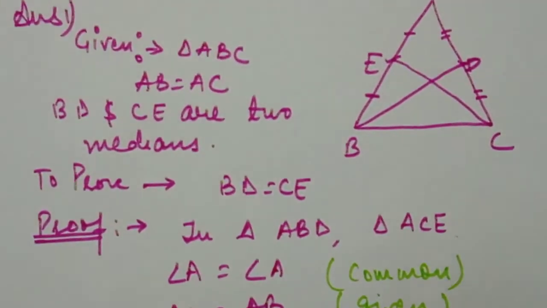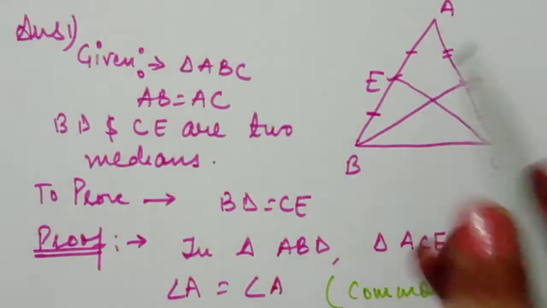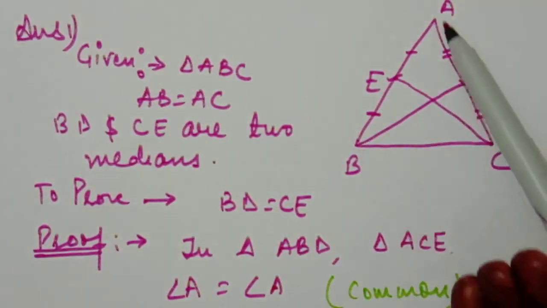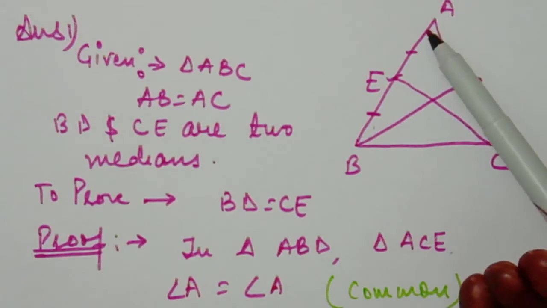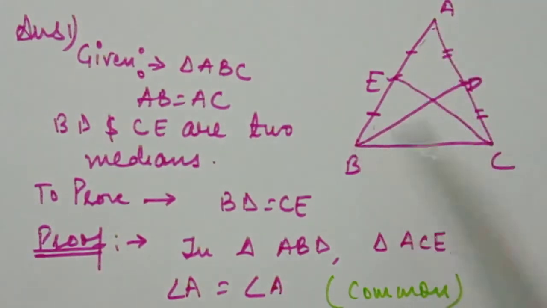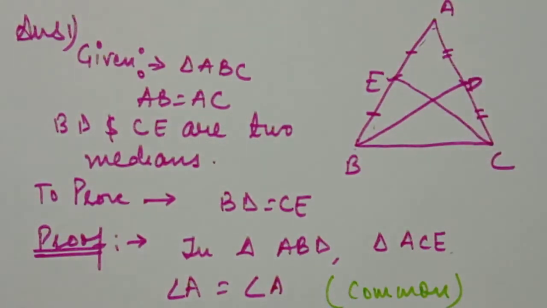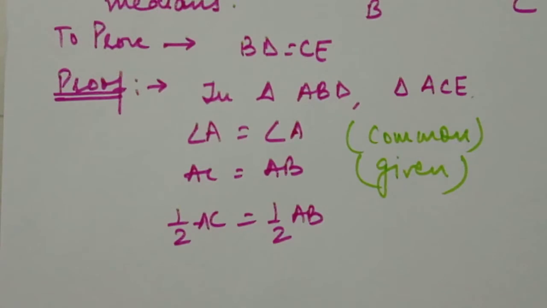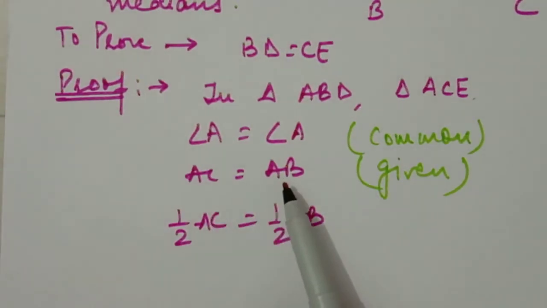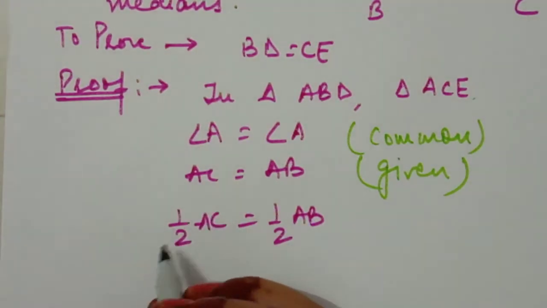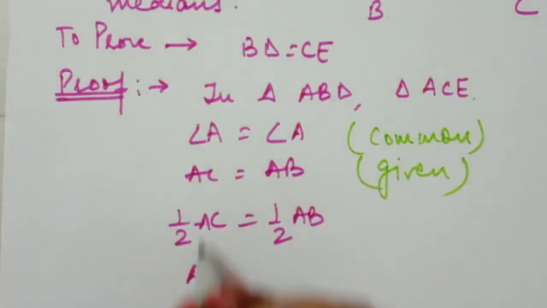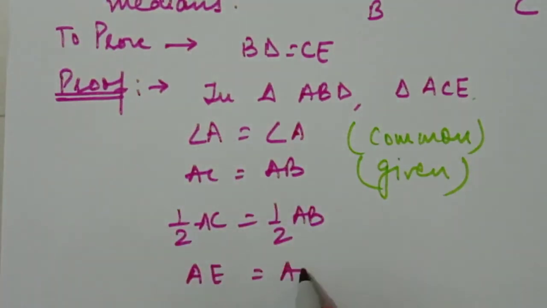If I am talking about this triangle only, I took already angle A as well as this side, then I will take AD also. So in this triangle we have AE is equal to AD.